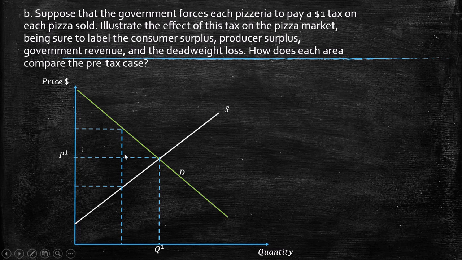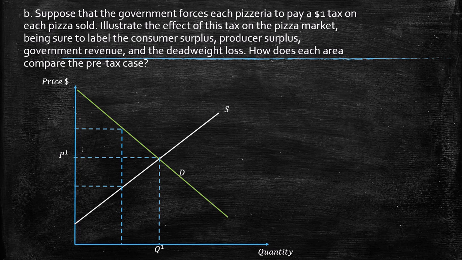This measure is $1, which has to be divided between the consumers and producers. It doesn't matter that the government forces each pizzeria.